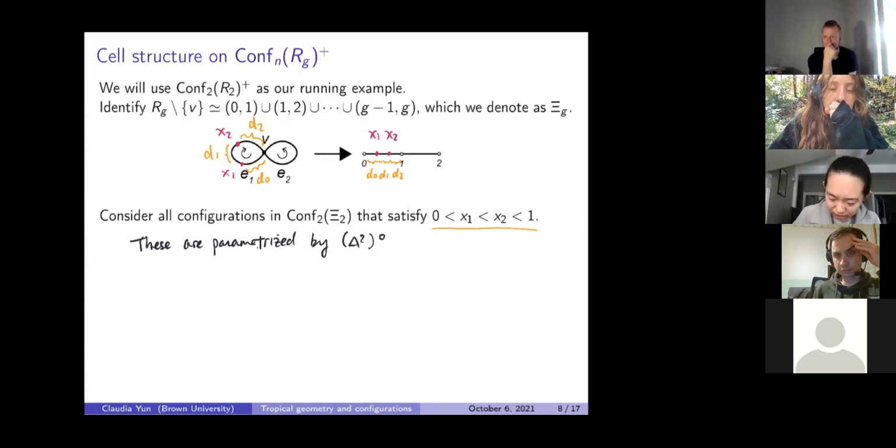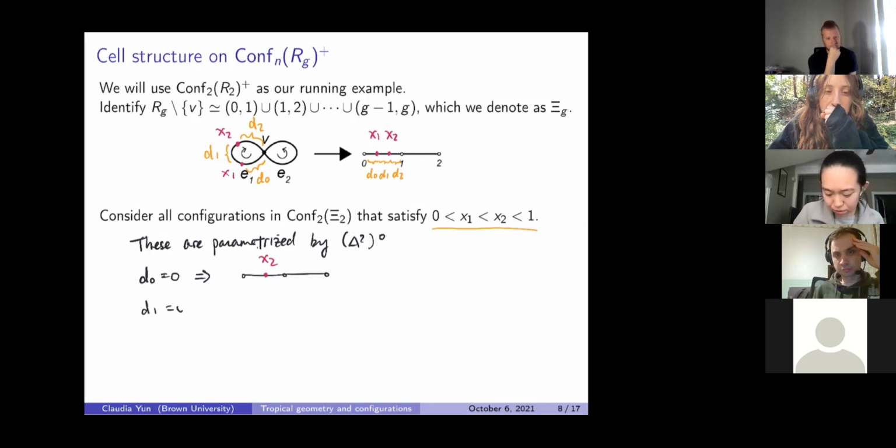On the boundary, let's consider first what happens when D0 equals 0. Then the point x1 is just gonna slide and fall onto the central point V, and on the collection of intervals, it looks like a configuration of just one point, x2.